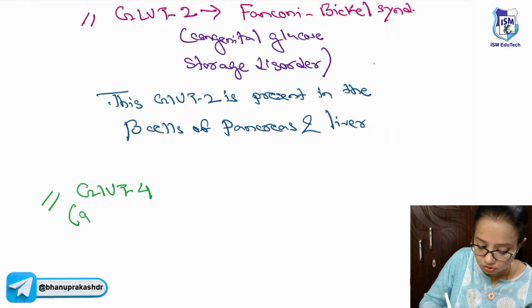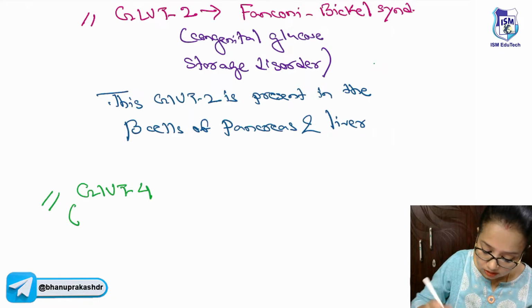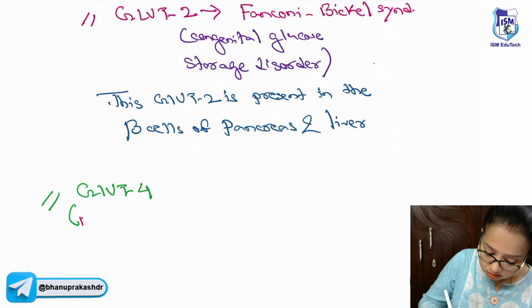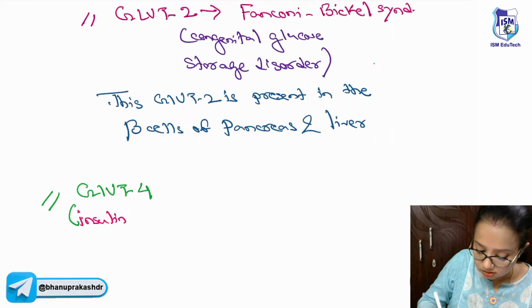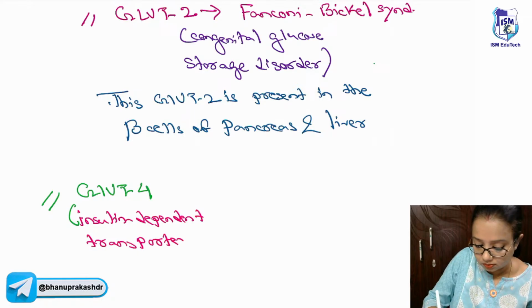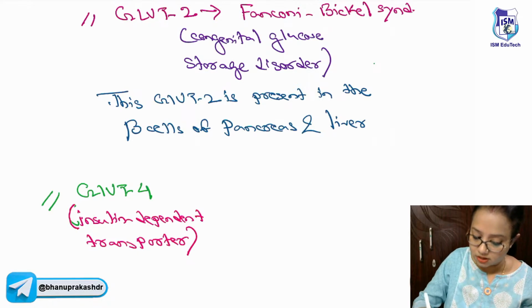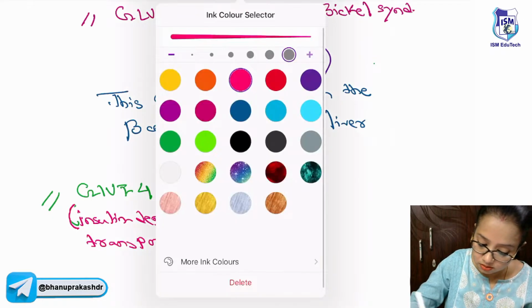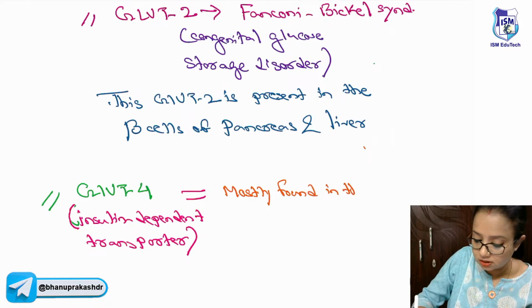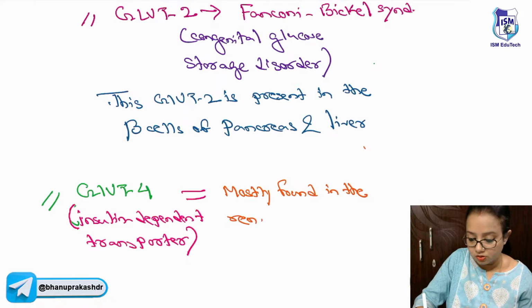Now this GLUT4 is an insulin dependent transporter, and this insulin dependent transporter is mostly found in the renal tubule.